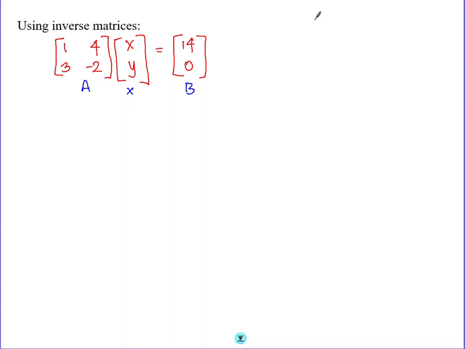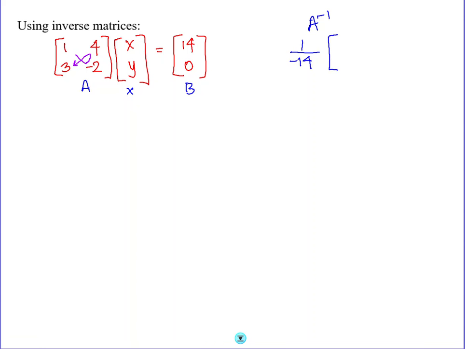So off to the side here, I'm going to go ahead and find A inverse. Remember that to find the inverse of a 2 by 2 matrix, you have 1 over the determinant. To find the determinant, you multiply these two and subtract the product of these two. So you have -2 minus 12, which is -14. Then you rearrange your matrix a little bit.